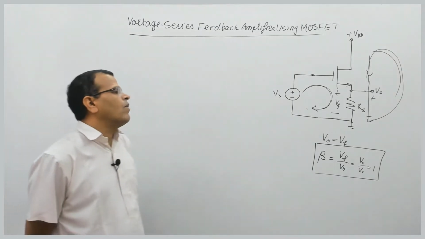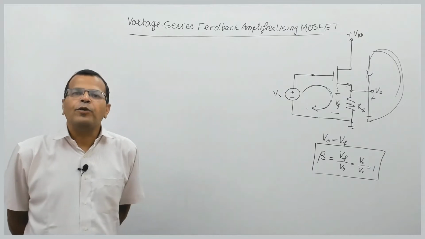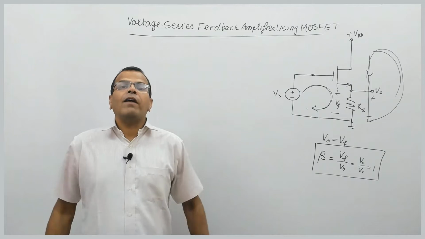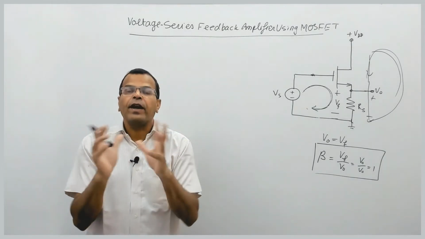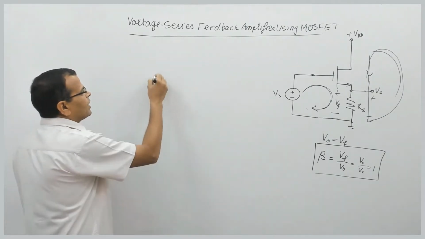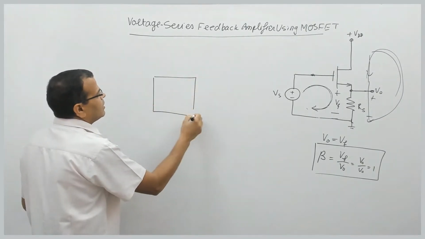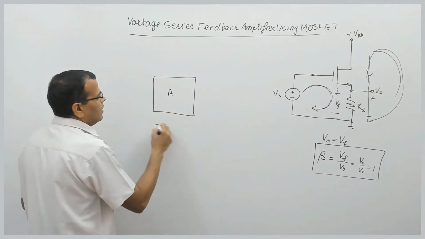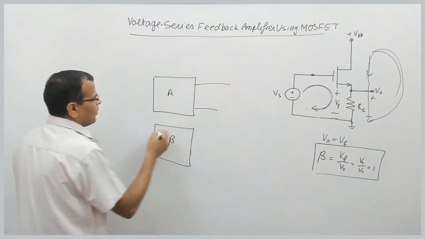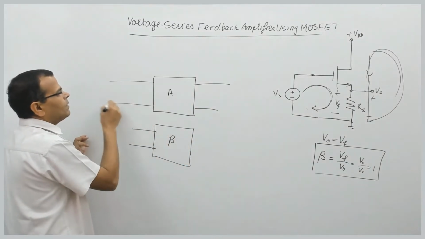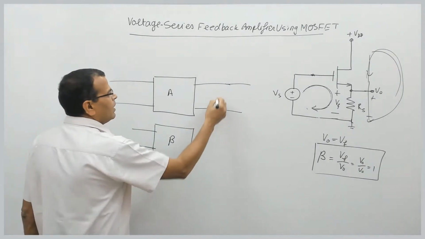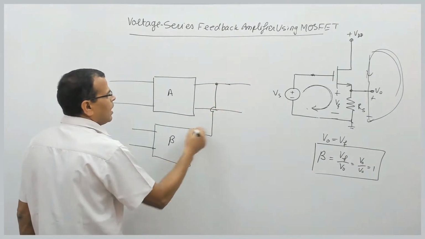Fine. Now I have to identify the input and output circuits without feedback loading. I will make you understand how to identify the input and output circuits without feedback loading. This is any amplifier. This is the beta feedback network. This is the supply. This is the output side. So when it comes to voltage sampling, in voltage sampling we take the output voltage.